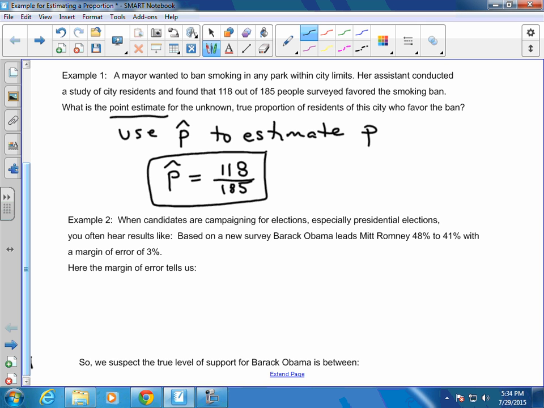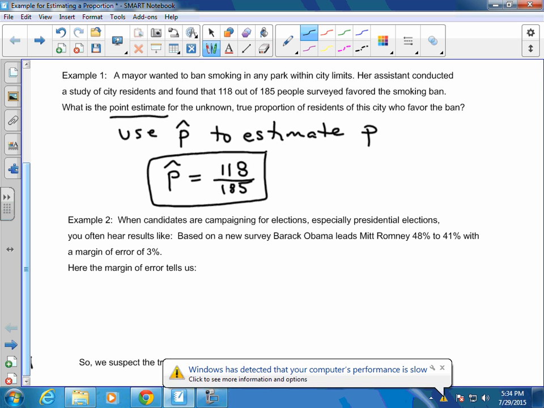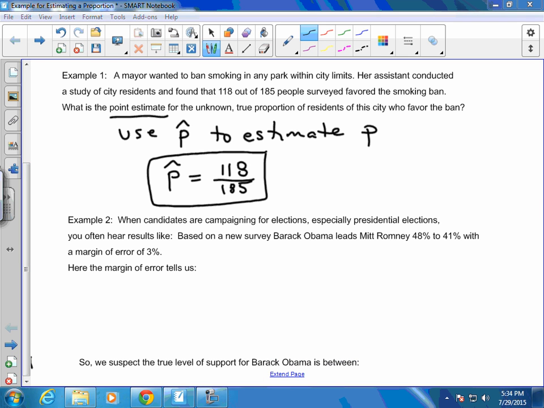So we have an older example here from the Barack Obama-Mitt Romney election, where they might report on the news, based on a new survey, Obama leads Romney 48% to 41%. But oftentimes they specify a margin of error. So here they say the margin of error is 3%.